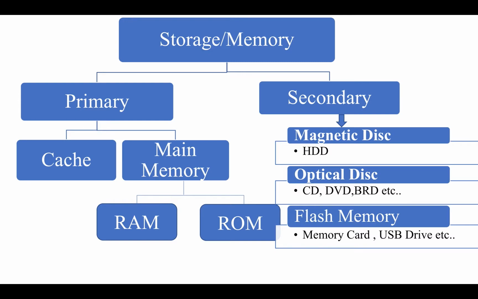Primary memory is closer to the CPU. Then cache memory is the small and fastest type of memory. It is the memory that acts as a buffer between the main memory and the CPU. It stores the data that is going to be processed by the CPU frequently.